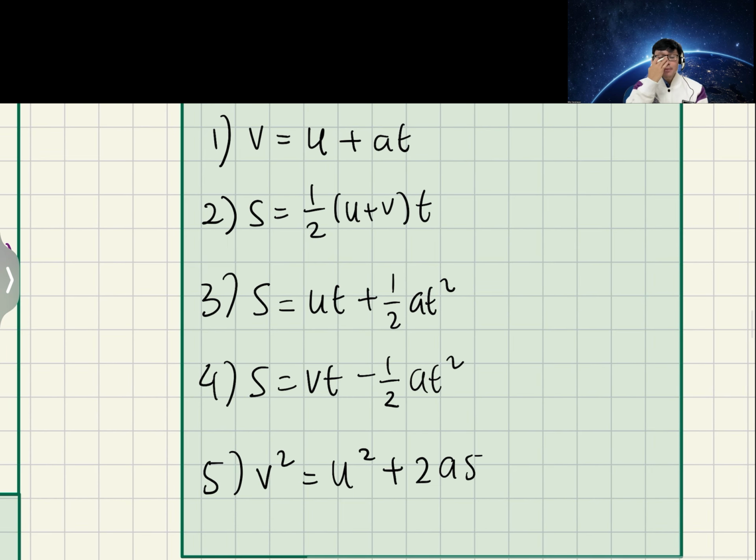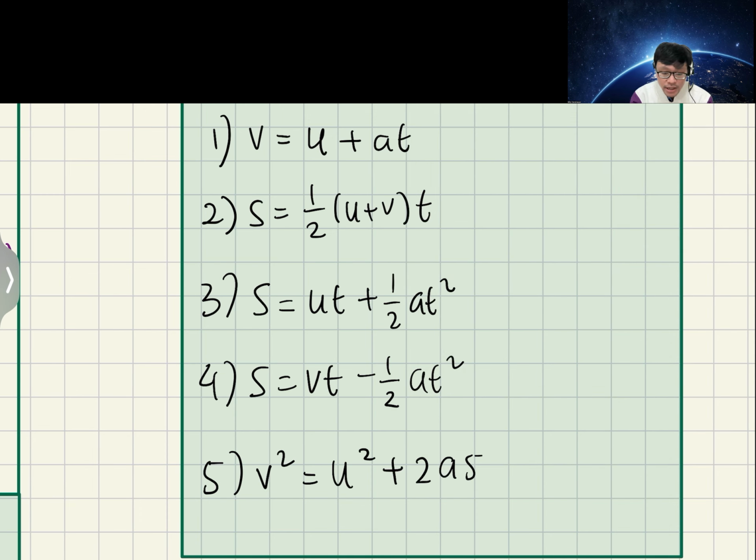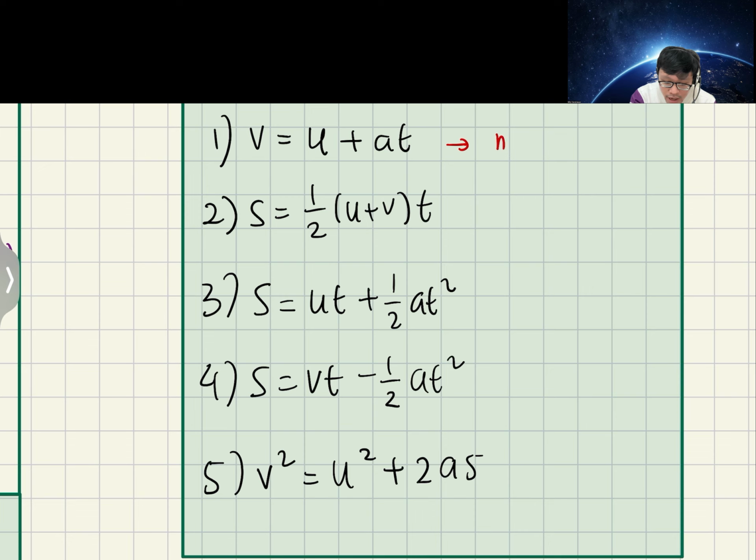Now, this formula is very powerful because you are going to use this formula again and again, even in the next chapter. So make sure that you understand how to use the formula. And how do we choose the formula? You have to look at the pattern here. The first formula, there is no S. The second one, there is no A. The third one, there is no V. The fourth one, there is no U. And the last one, there is no time.